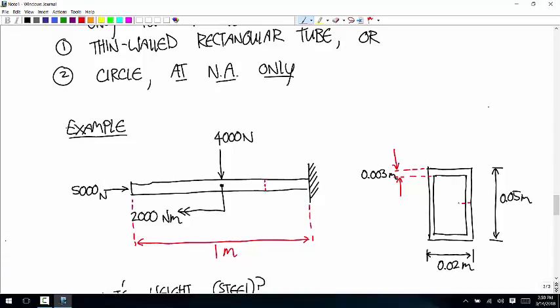And let's do it halfway between the neutral axis and the top. So these two lines are where we're going to calculate the stress. Okay, that's all.